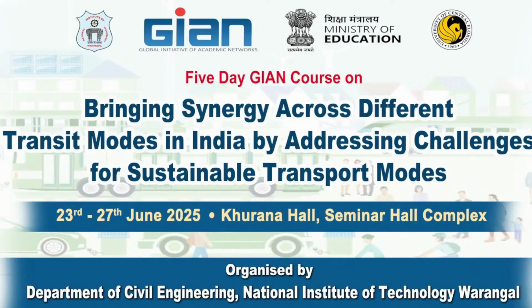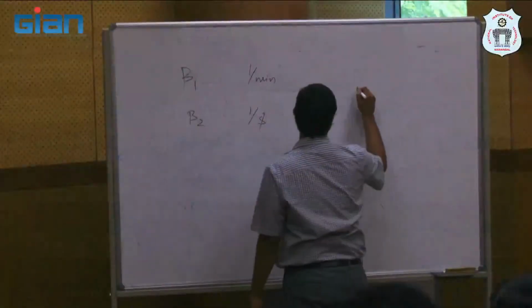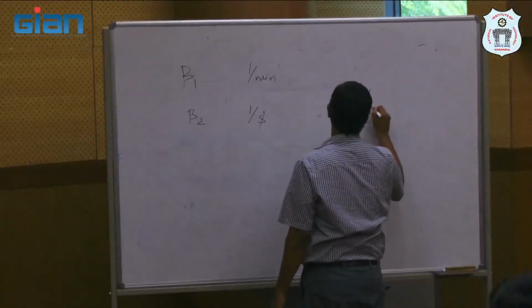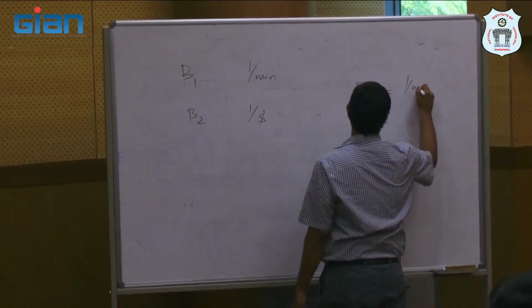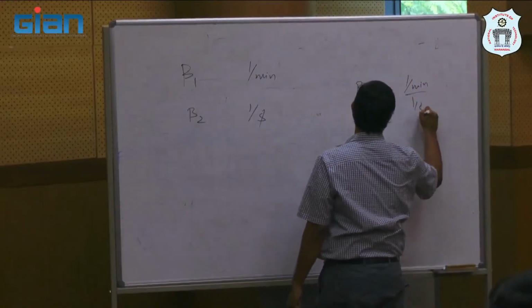So if I do beta 1 over beta 2, it is 1 over minute by 1 over dollar.